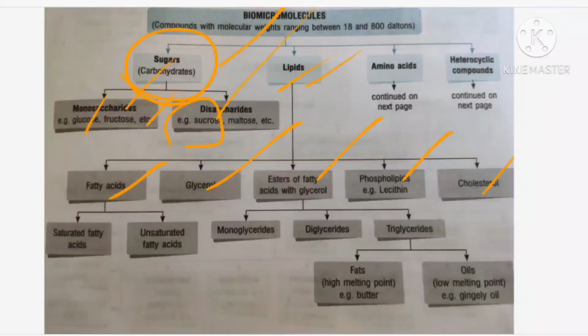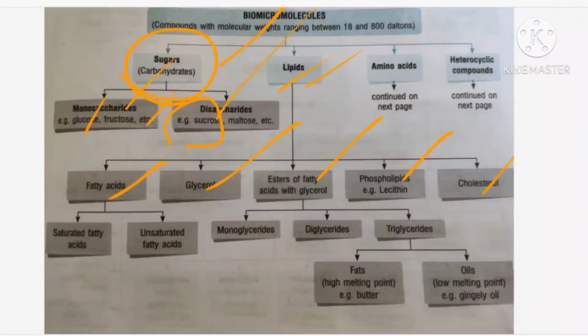So for fatty acids, there are 2 types of fatty acids. One is the saturated fatty acid and another one is what? Unsaturated fatty acids, okay. So saturated and unsaturated are types of what? The fatty acids. Next is glycerol, one form of lipid.